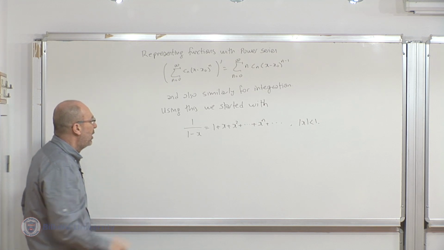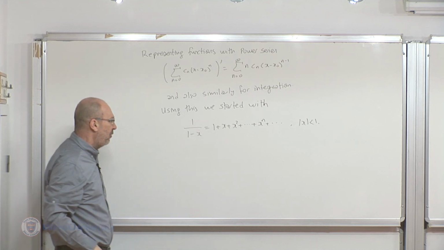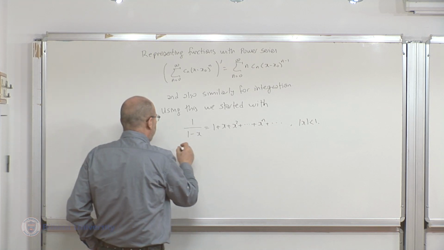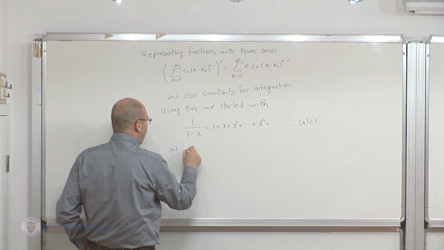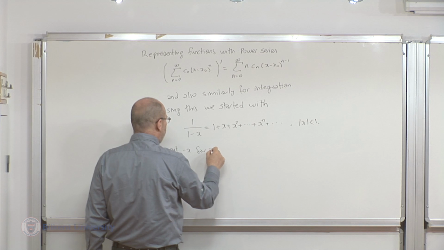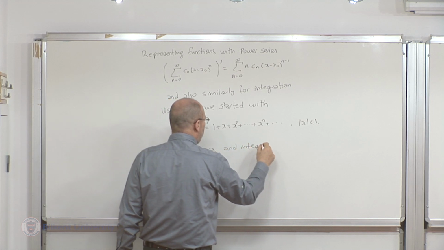Okay, so now playing with this and integrating, differentiating, we obtain different functions. For example, we put minus x, or which one? Okay, put minus x for x and integrate both sides.